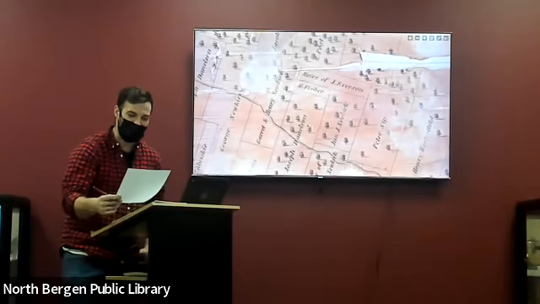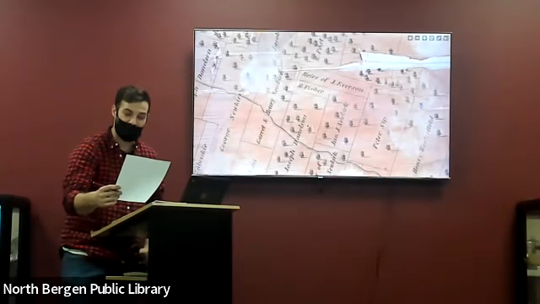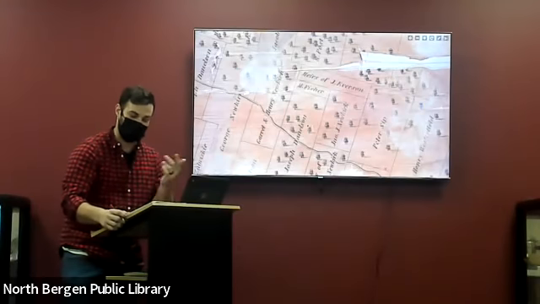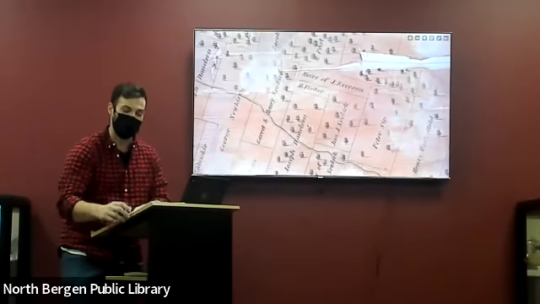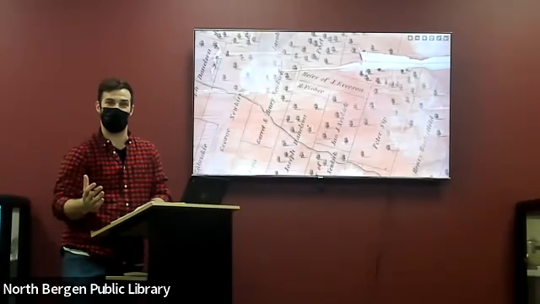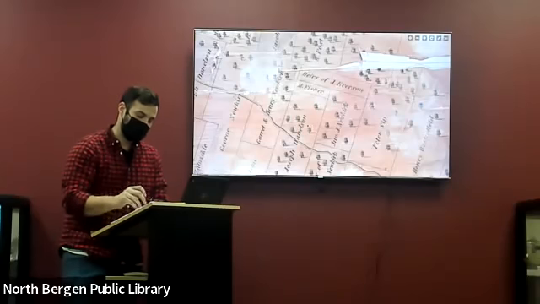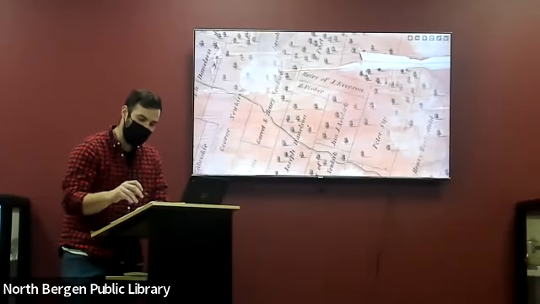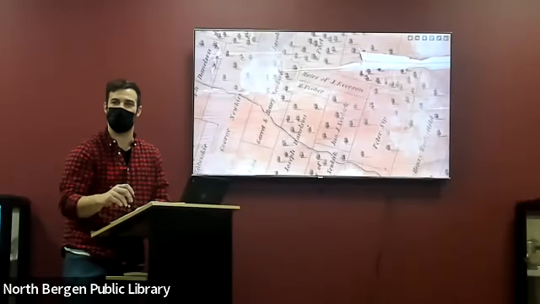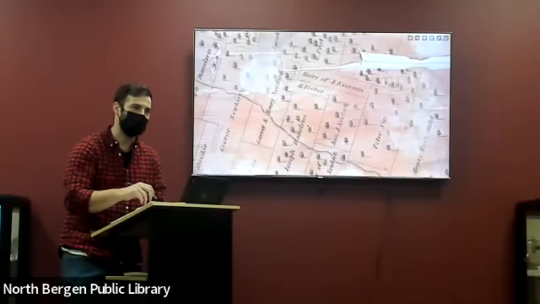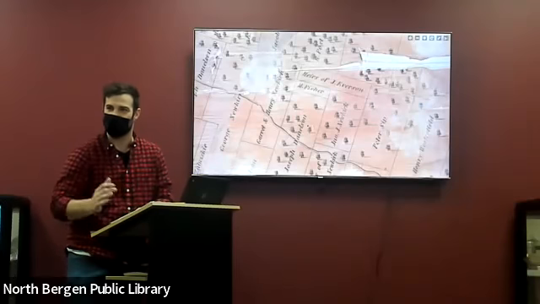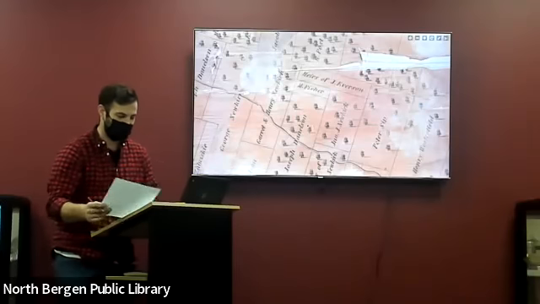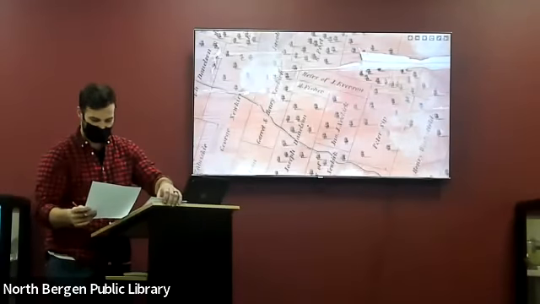But those are going to be the first 2 major freeholders we know, and one of them is going to have an entire street named after him in the entire county. Today, we have 9 elected freeholders in the entire county. So from 2 guys representing everybody in all of Hudson County, we got 9 now. It is pretty wild to see.